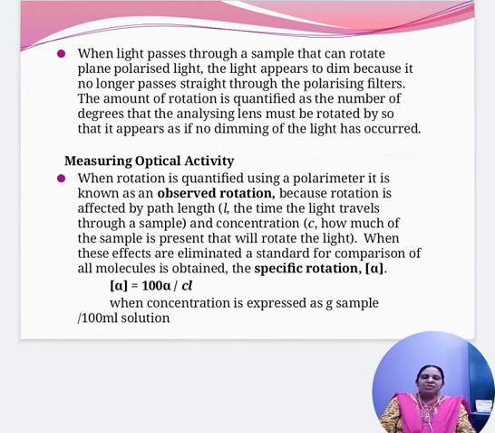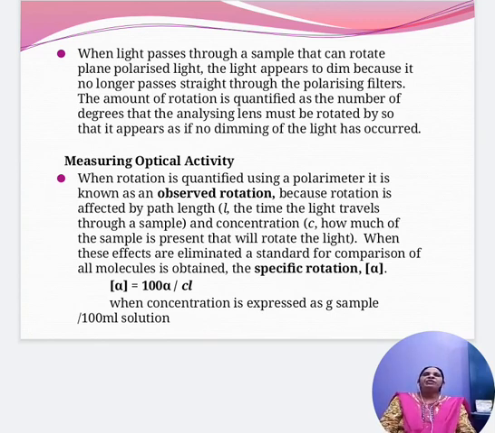The light appears dim because it no longer passes straight through the polarizing filters. The amount of rotation is quantified as the number of degrees that the analyzing lens must be rotated so that it appears as if no dimming of the light has occurred.